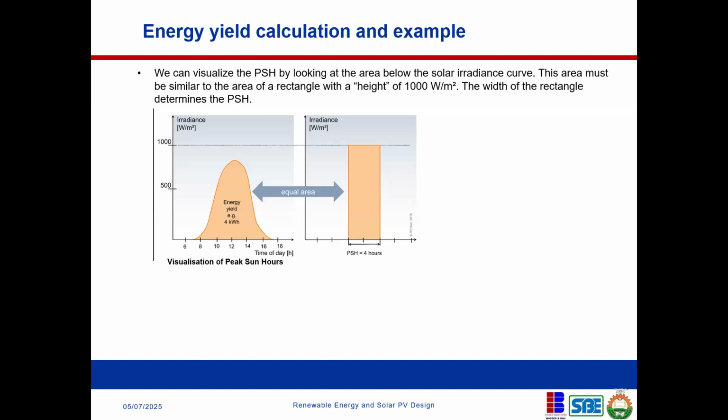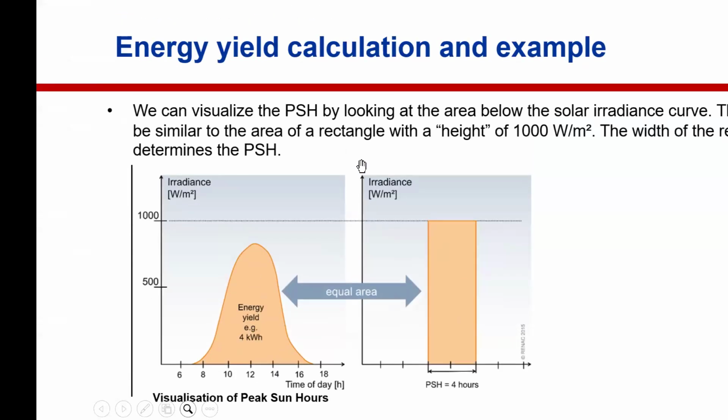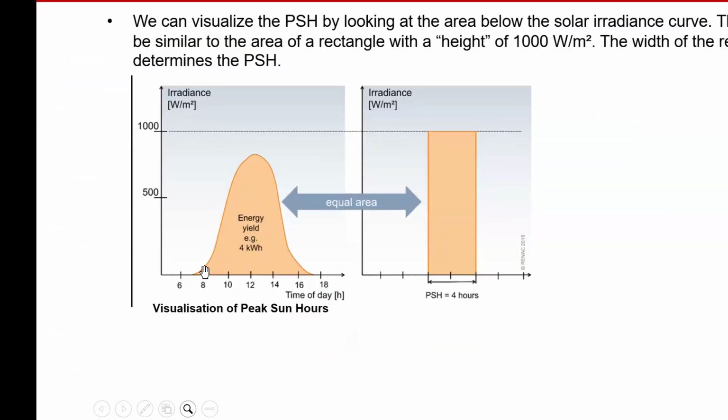Let me explain. Now, this is when the sun comes out. When the sun comes out, it gradually gets to the peak and it gradually comes down, right? In all of this, it did not hit 1,000 watts per meter square, right? So peak sun hour is trying to compress all of this, push everything together and make it get to 1,000 watts per meter square.